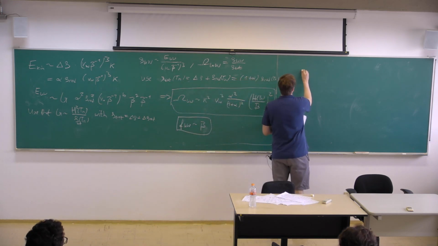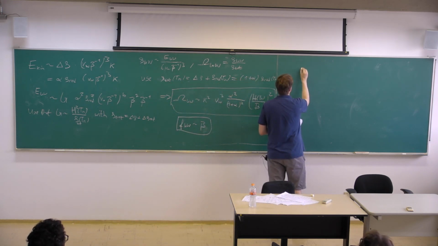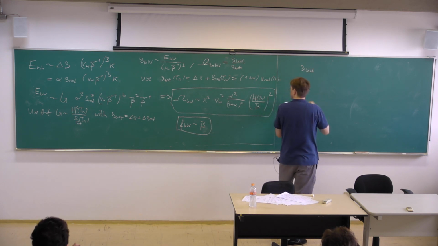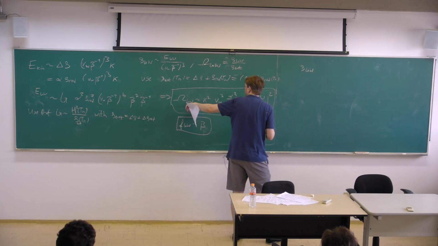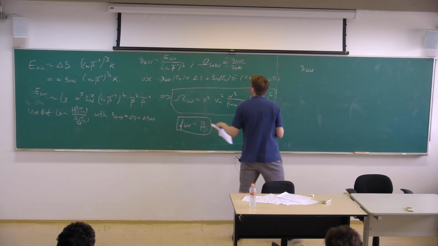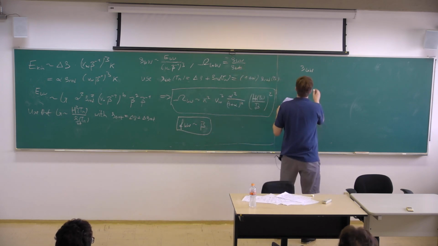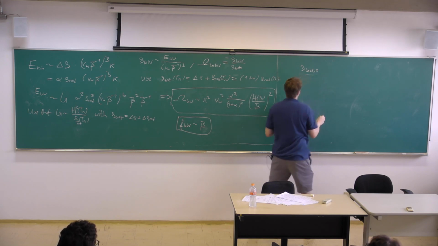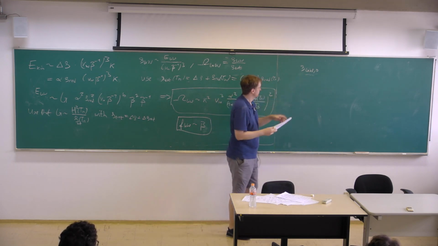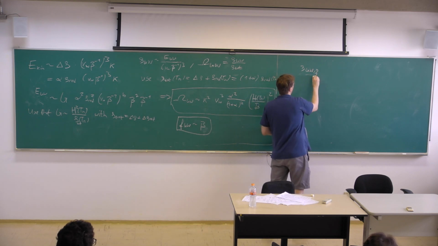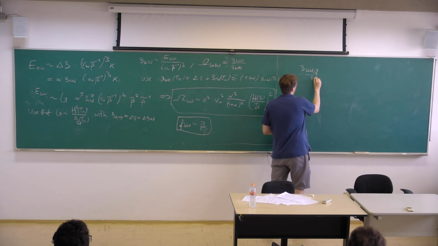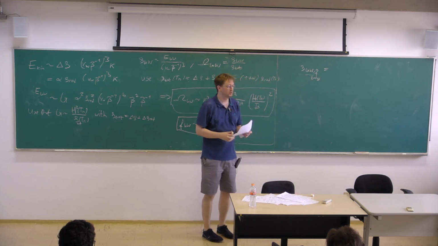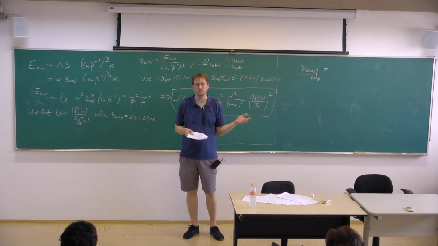So, let me introduce labels. First of all, I'm splitting this omega gravitational wave into the rho gravitational wave and the energy density. Let me give it a label now. So that's the energy density in gravitational waves today. Gravitational waves are just radiation.